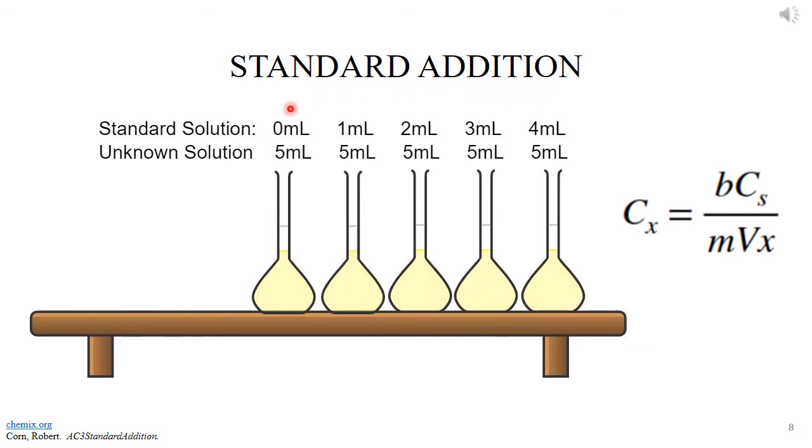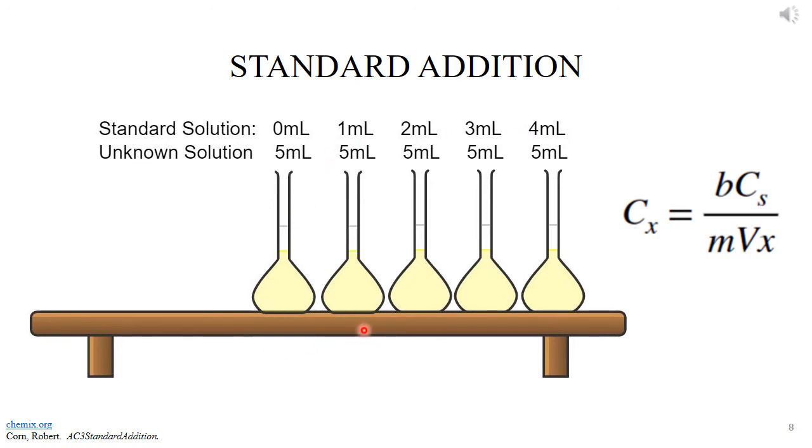For standard addition, each glassware is filled with the same amount of the unknown concentration solution. Then, differing amounts of solution with standard concentration are added to each container, and the rest is filled with the solvent.